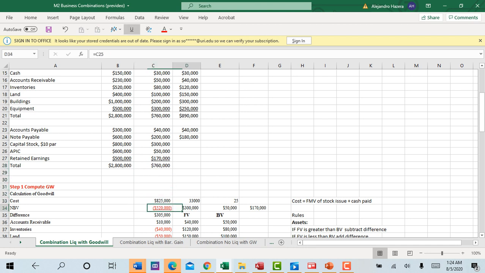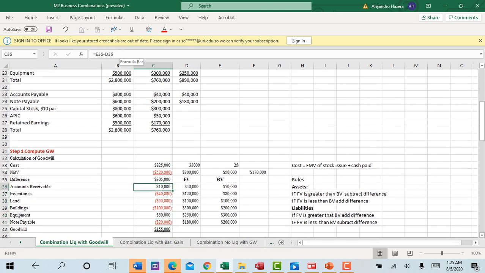And keep in mind that $520 is really the sum of the 3 equity accounts of Seabird here. So you're paying $825 for equity or net assets. Equity and net assets are the same thing. Net assets are assets less liabilities, which equals equity. So the difference, you overpaid by $305.